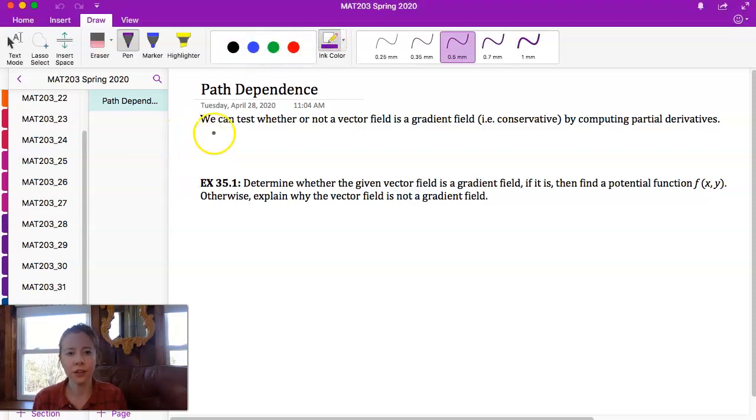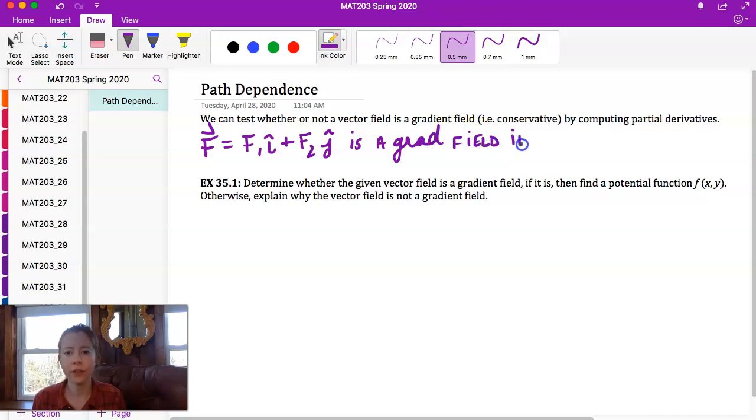The vector field F equals f sub 1 i hat plus f sub 2 j hat is a gradient field if and only if del f1 with respect to y and del f2 with respect to x are equal to each other.